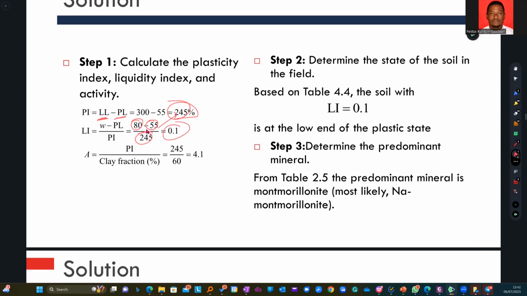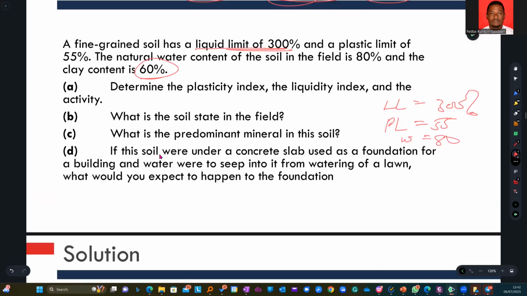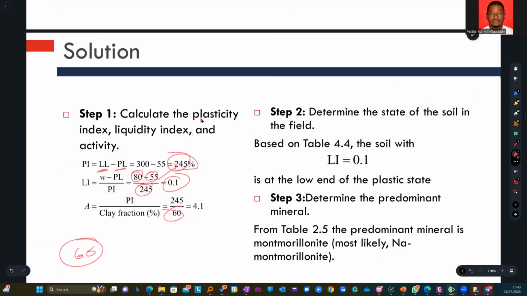Now, the activity of the soil is going to be the plasticity index, 245, over your clay fraction, which was given as 60%. What does that mean? Clay fraction means that the component of clay within that given soil sample is 60%. That is what this last line, the clay content, means.